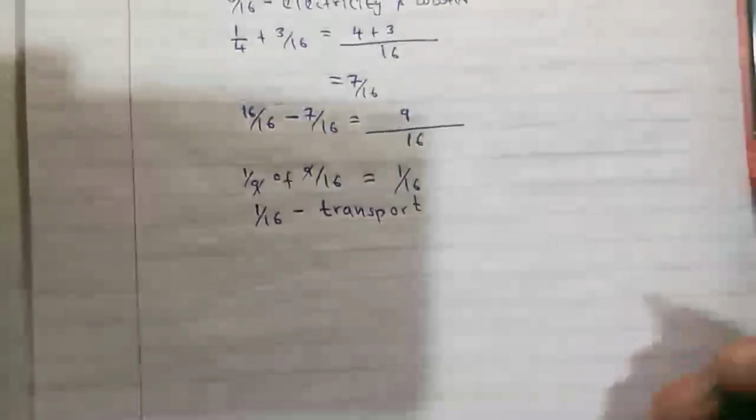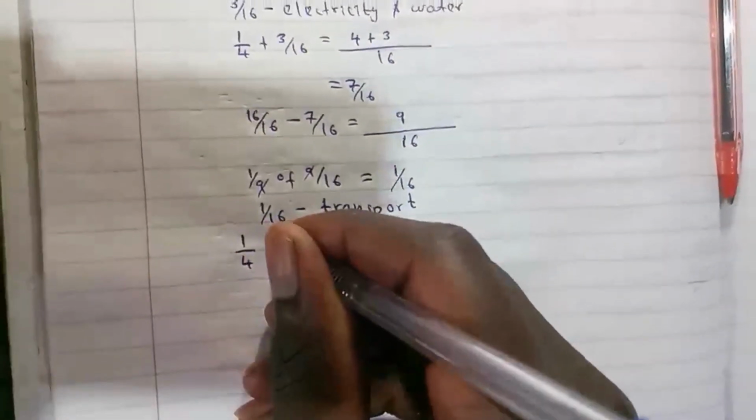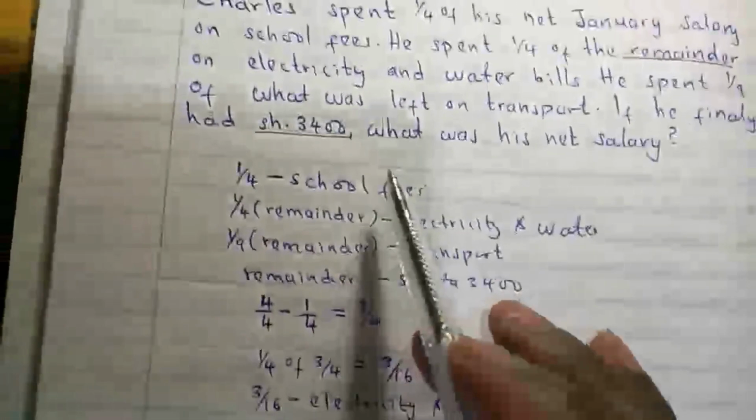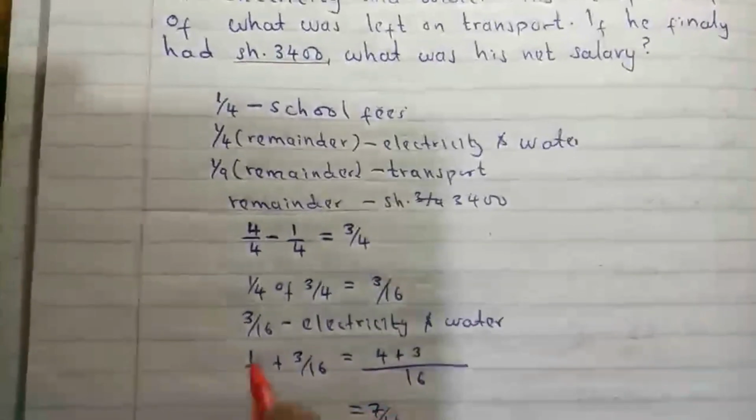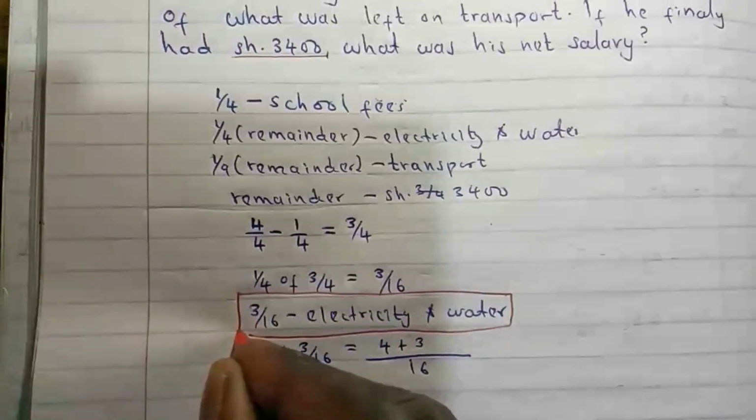Let us go back again and look at the net spending. He has spent a quarter on school fees. That one is here. And then he has spent 3 over 16 on electricity and water, so we add that one here.